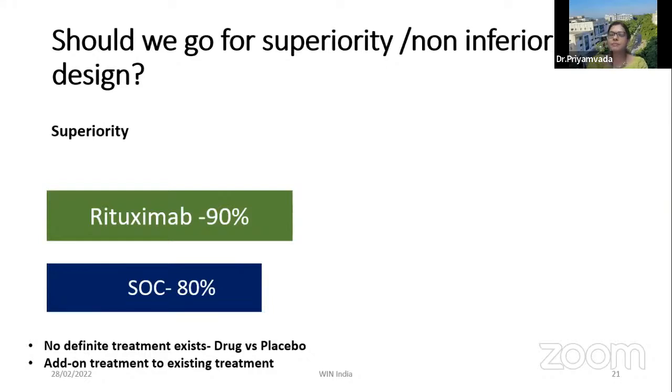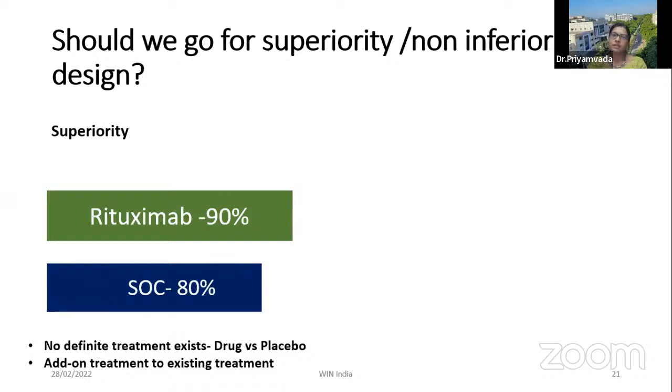For example, there might be diseases which are not at all treatable. Okay, so then whatever existing standard, it might not be a definitive drug or anything. The control group should receive that, and the intervention group should receive the new drug which we are testing. So in case of IgA nephropathy, the standard of care is ACE inhibitors and ARB.